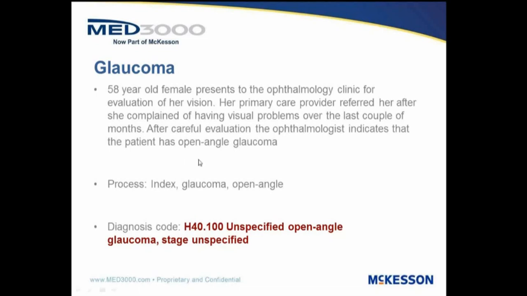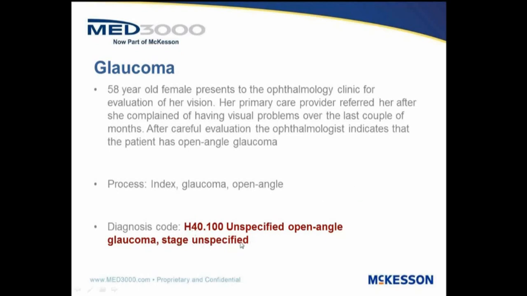But if they had glaucoma, again, the index, glaucoma, but then we have to look at the open angle. So the diagnosis code, again, H40.100 is an unspecified open angle glaucoma with the stage unspecified, because if they're saying it's just a general open angle glaucoma, then you can see that that does fall under this terminology.